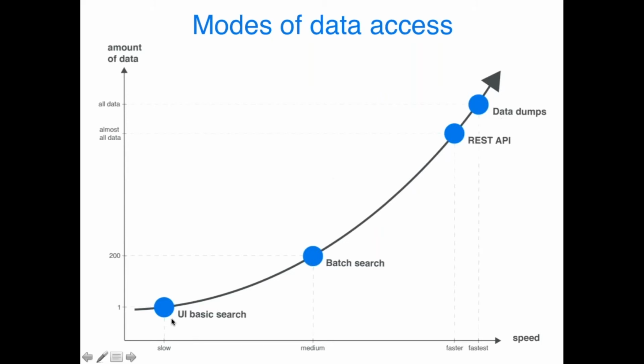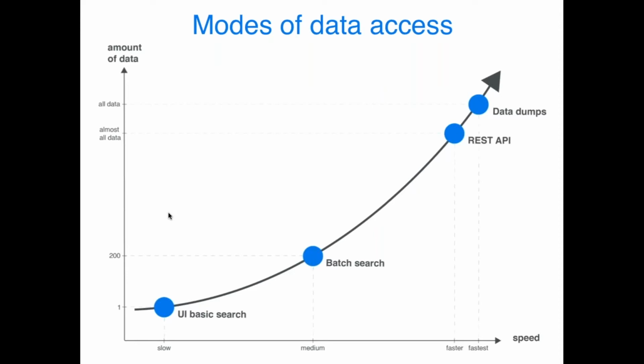If you've got just one disease or one gene that you want to search for, perhaps the graphical user interface is the best way to go. It's nice and easy. There are very nice visualizations there, and it's very easy to go through the different workflows using the graphical user interface.